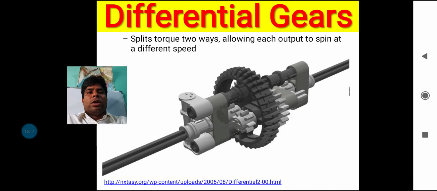Differential gear. In differential gear, that means we can use some different type of gear, and more accuracy can be obtained in the differential gear. In these cases it splits the torque in two ways, allowing each output to spin at a different speed.